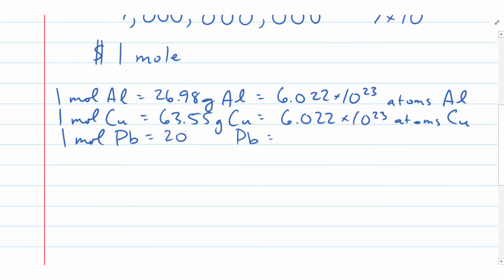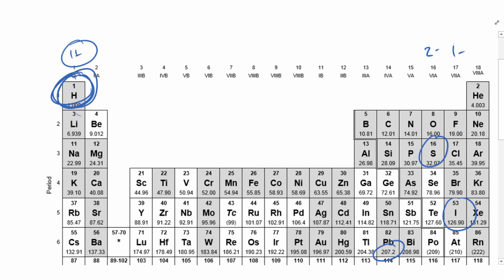We put in 207.2 grams of lead. And this is going to contain how many atoms? Atoms of Pb. And again, we get that by looking at the atomic mass on the periodic table.